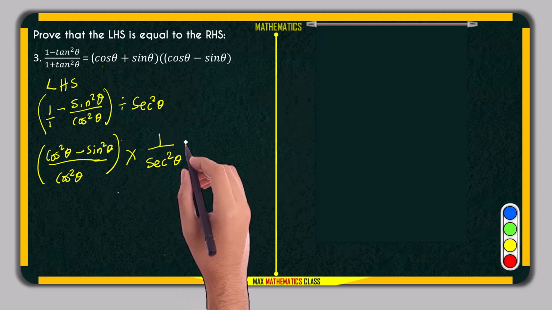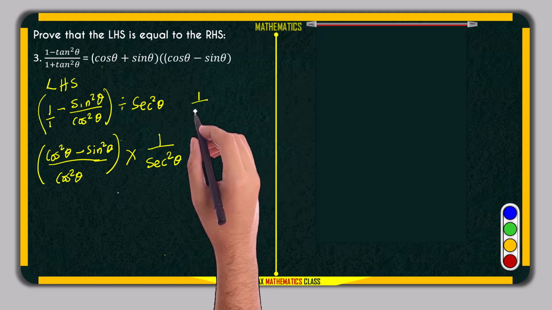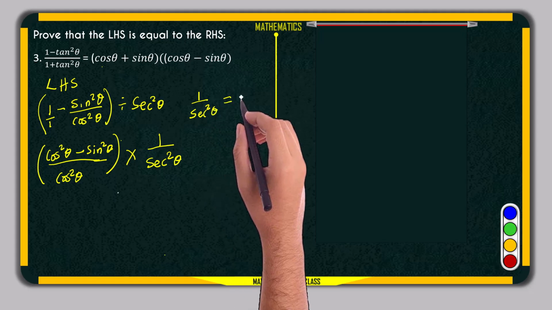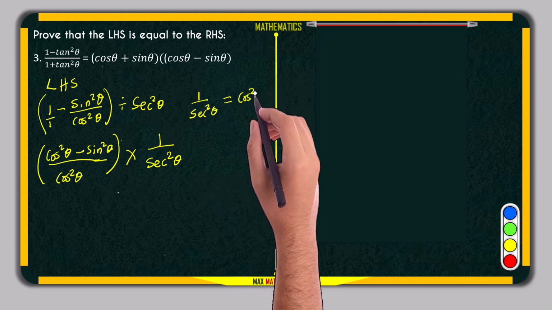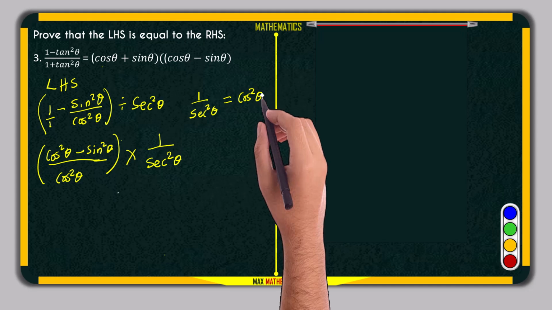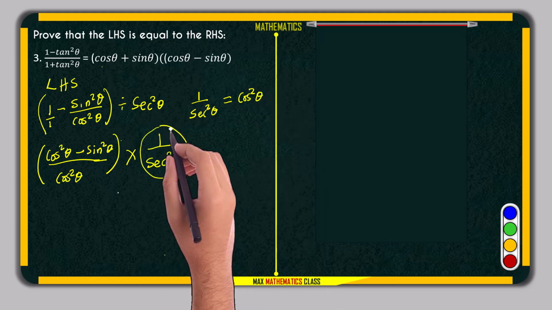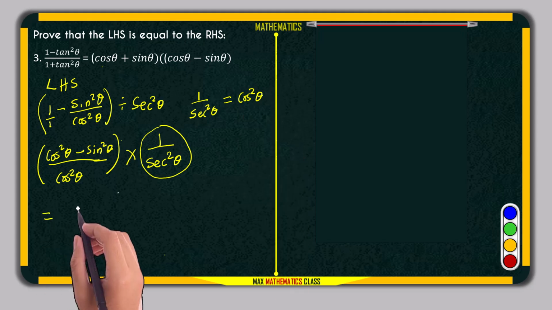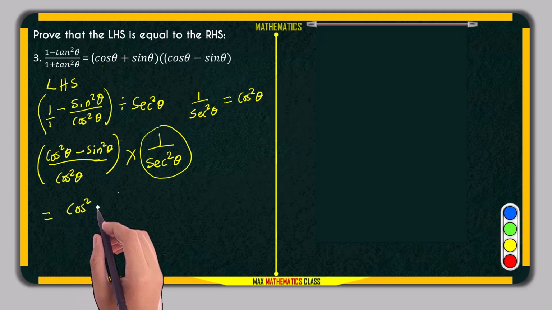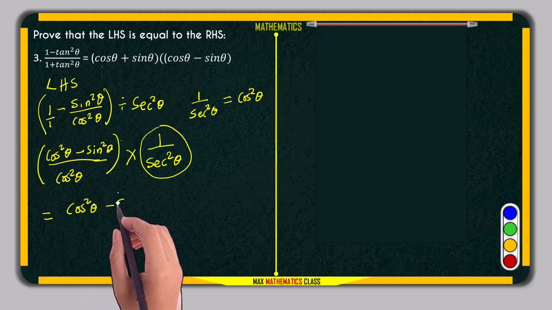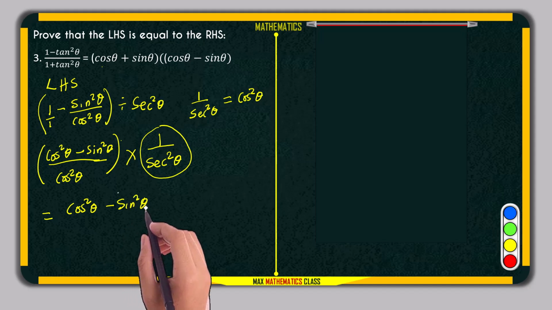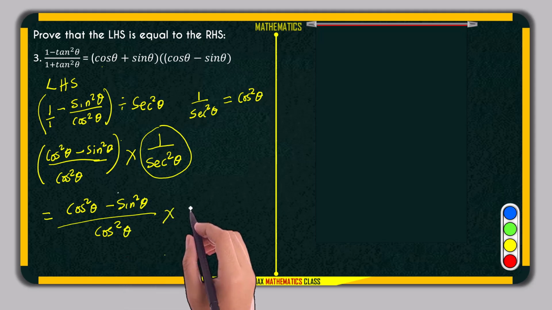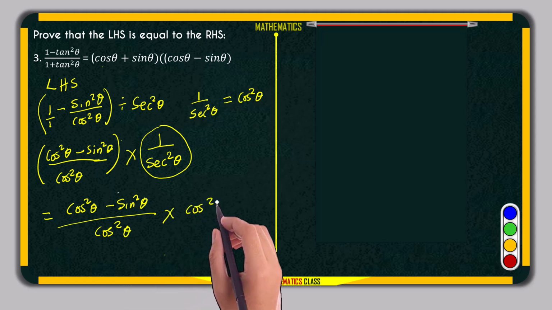This is the same thing as, we know that 1 over sec square theta is the same thing as cos square theta. It's the same thing. So we are going to replace the whole of this with this. So if we do that, we are going to have cos square theta minus sine square theta all over cos square theta times cos theta.